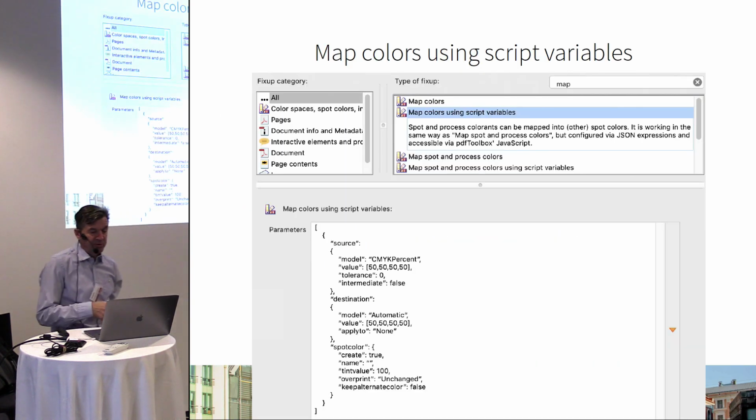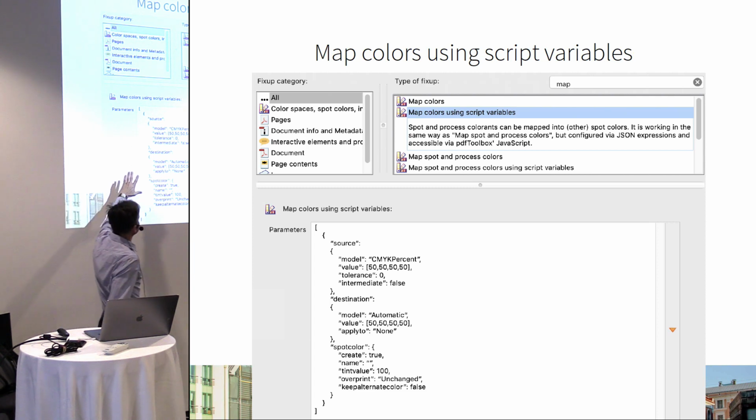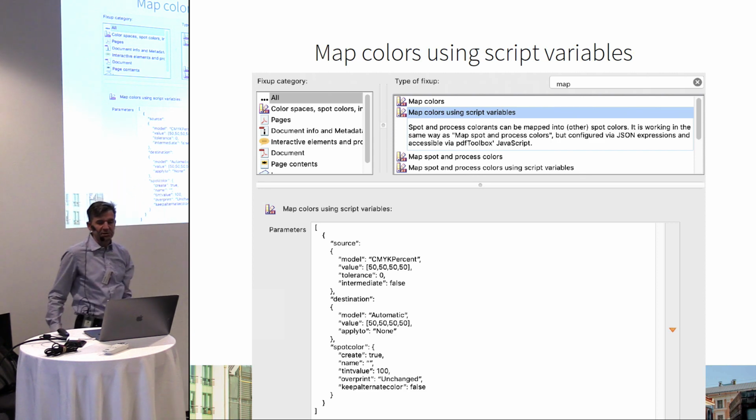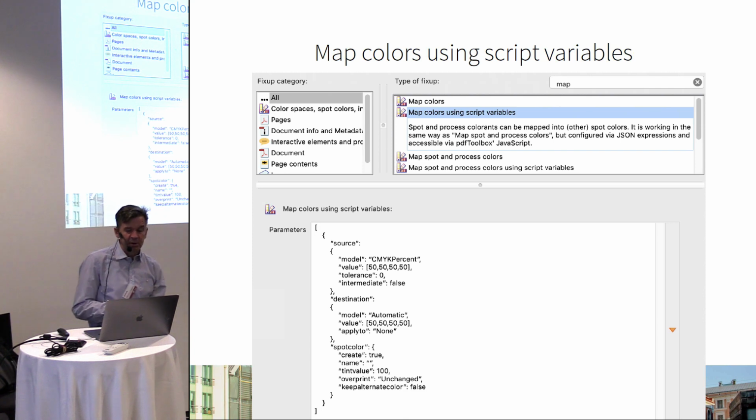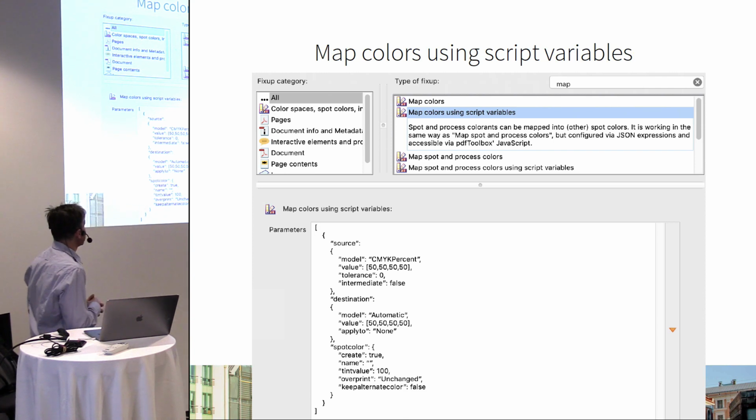So we introduced 2 new Fixups, and these are completely controlled via JavaScript, or better, JSON. This is a JSON structure that has the same information as the dialog before, but in a JSON structure.